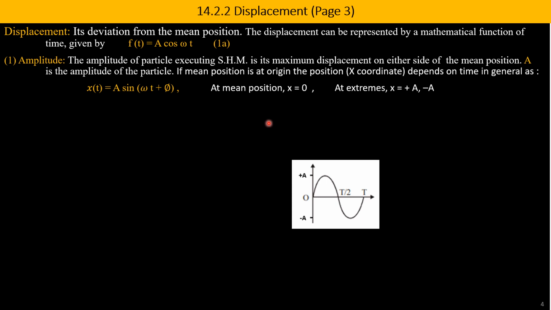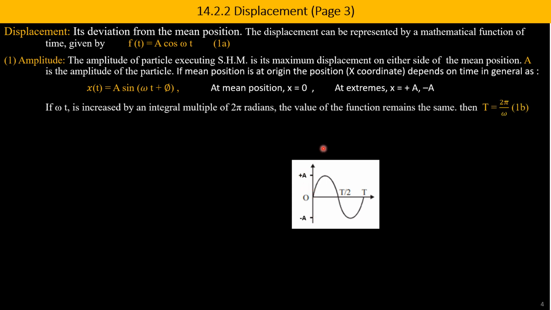Therefore at extremes, that is at the positive maximum and negative maximum, the amplitude is plus A and minus A. If omega t is increased by a multiple of 2 pi radians, the value of the function remains the same. Then the period capital T is equal to 2 pi divided by omega. Let it be equation 1b.